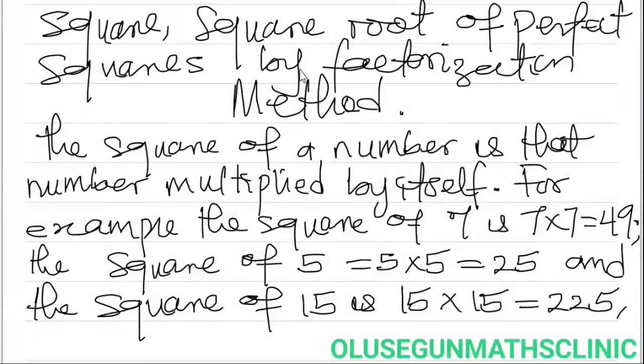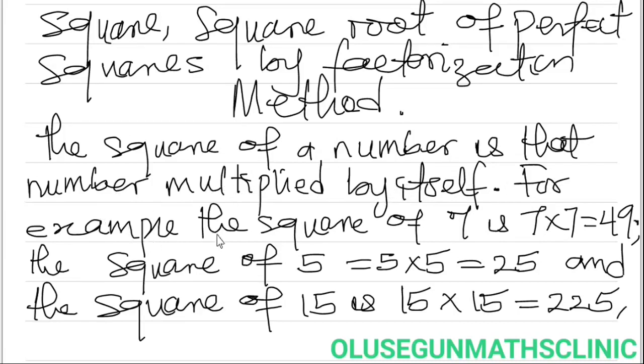Square roots of perfect squares by factorization method. The square of a number is that number multiplied by itself.